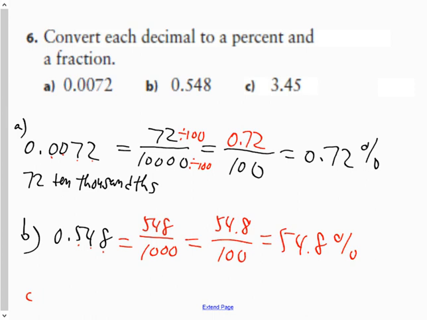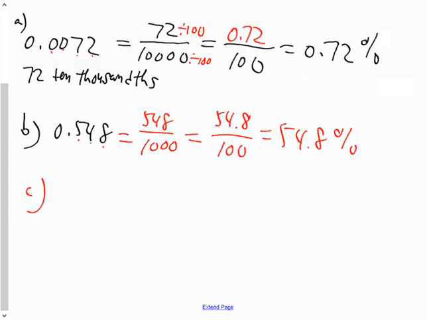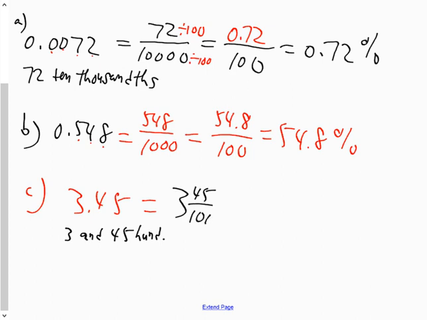And finally, for C, the one that probably a lot of you didn't get right, but we'll see. How do I read this number? I would read it as 3 and 45 hundredths. So step 1 is just converting that decimal number into a mixed fraction.